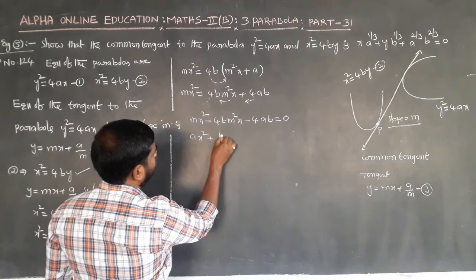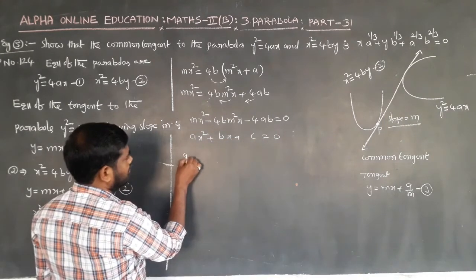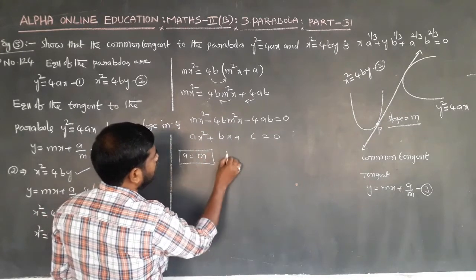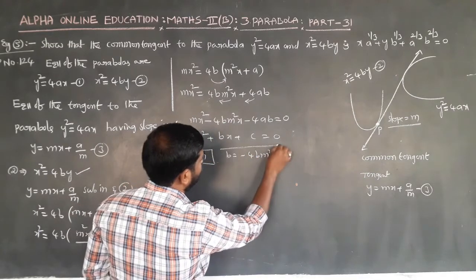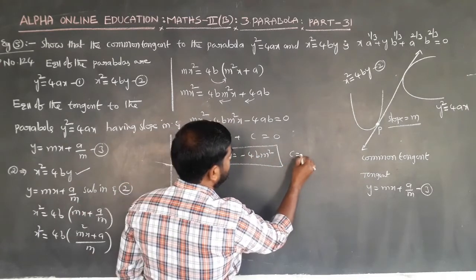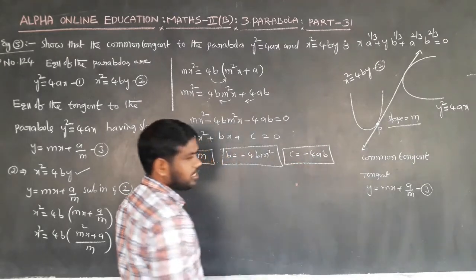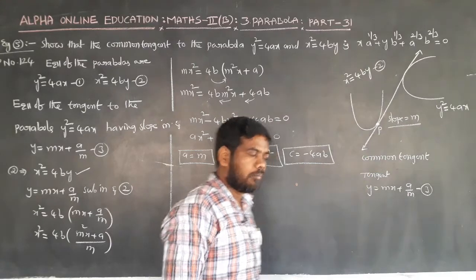Comparing with ax square plus bx plus c is equal to 0, here a is equal to m, b is equal to minus 4b m square, c is equal to minus 4ab. Here parabola and line have common roots.